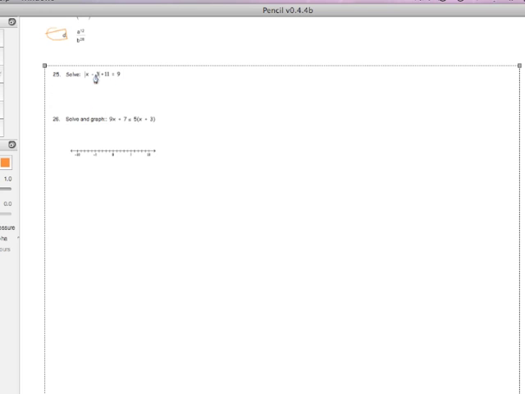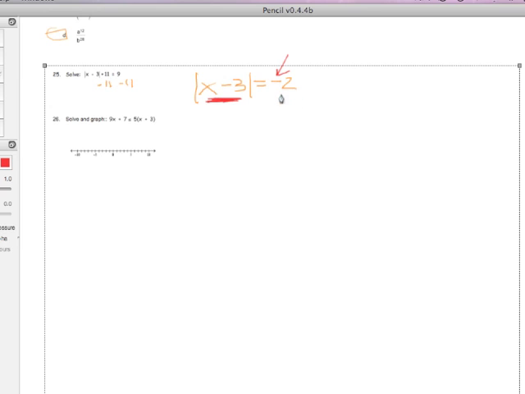We have absolute value of x minus 3 plus 11 is equal to 9. Well, when we subtract 11 from both sides, we get absolute value of x minus 3 is equal to minus 2. This is great because there's nothing in the world whose absolute value is negative.